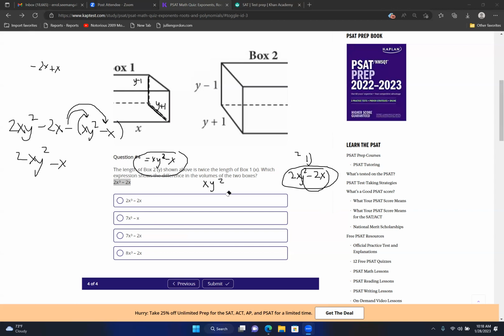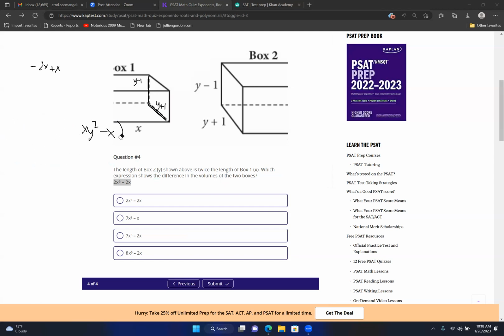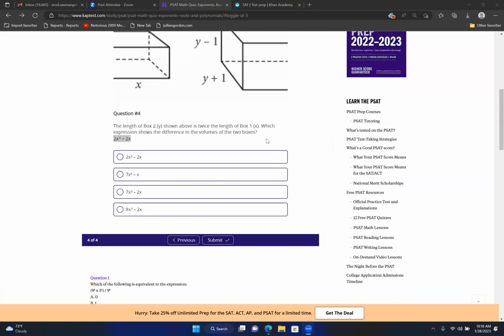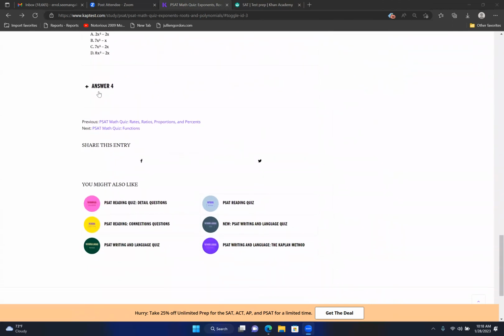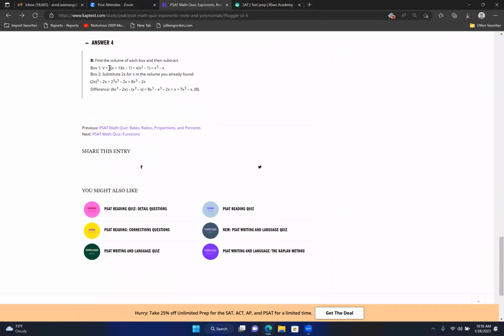Which expression shows the difference in volumes of the two boxes? So maybe let's look at the answer on that one. Let's see what they did. Number 4. Find the volumes of each.